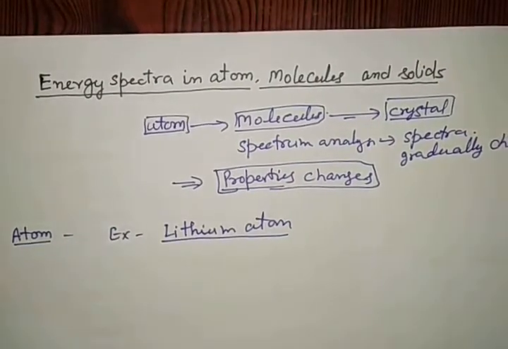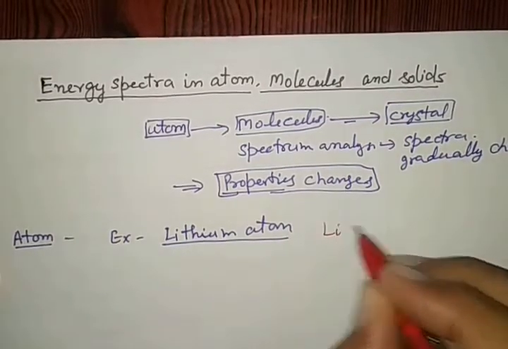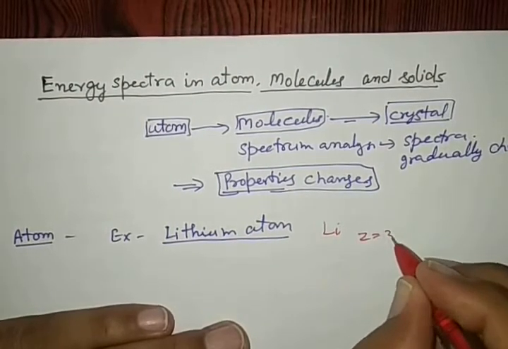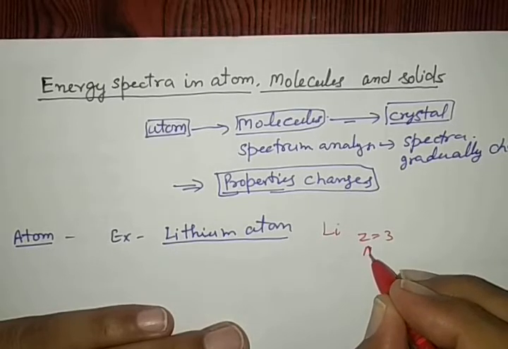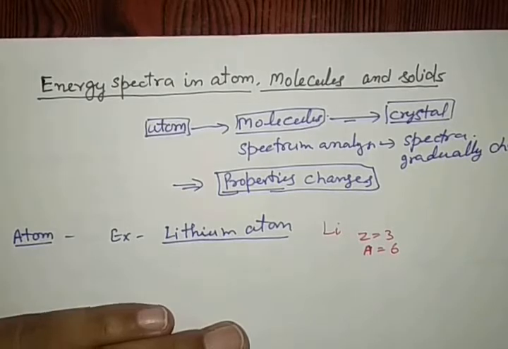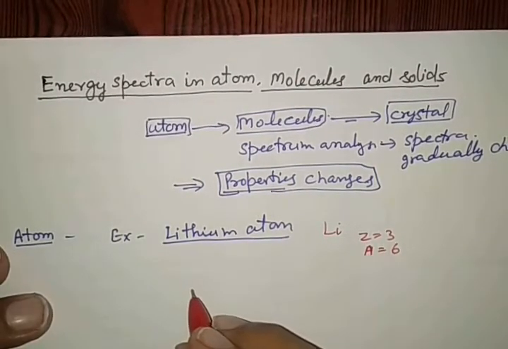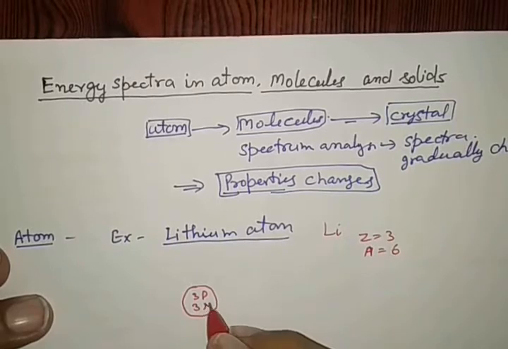We know that lithium atom is denoted by Li, atomic number 3, mass number 6. The lithium atom has 3 protons and 3 neutrons.